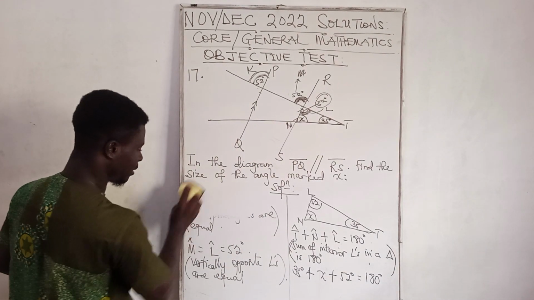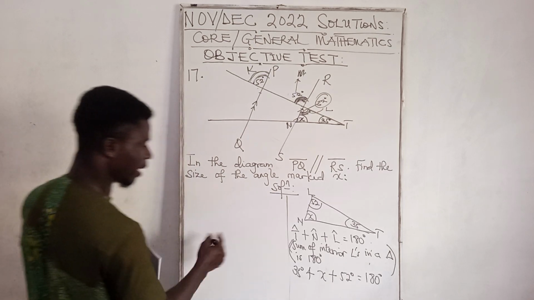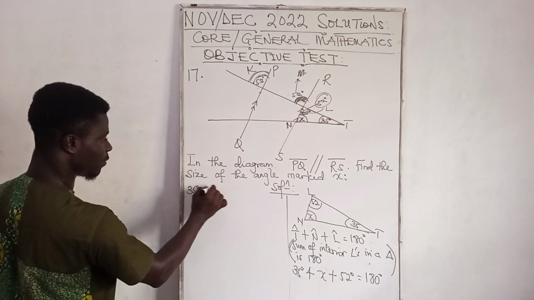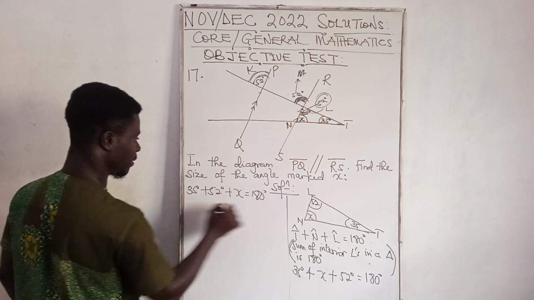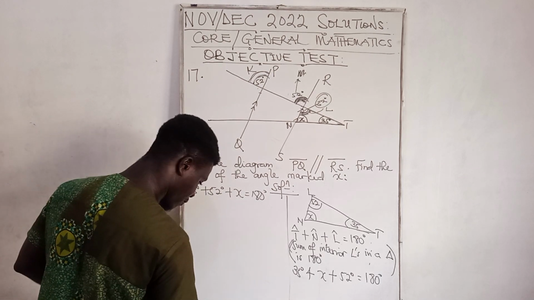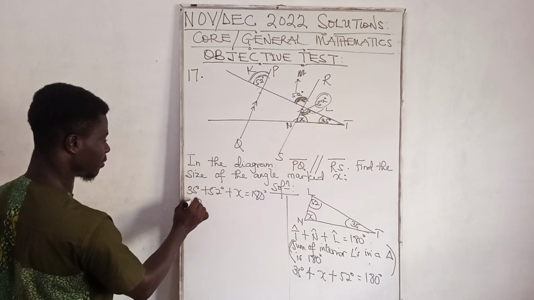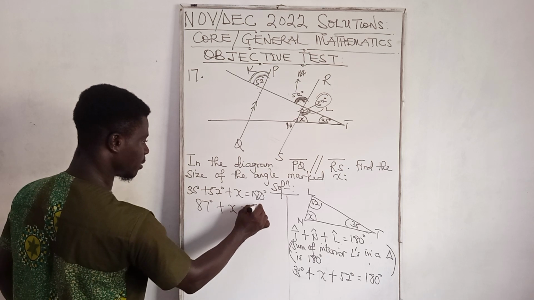So now let me clean this side. So I can group like terms and write 35 degrees plus 52 degrees plus X, which is equal to 180 degrees. So 35 plus 52, which is 87 degrees, plus my X equals 180 degrees.